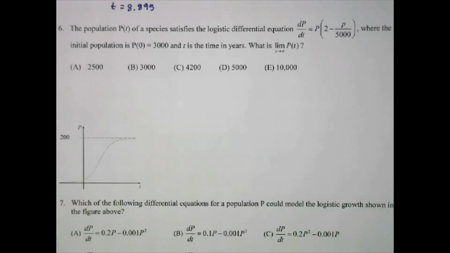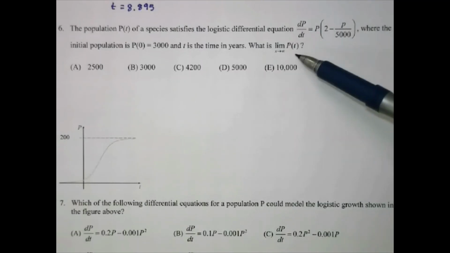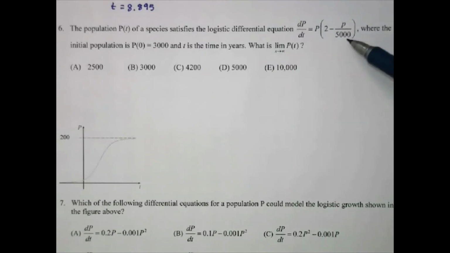Okay, the population P of t of a species satisfies the logistic equation here, where the initial population is 3,000 and t is in years. So what is the limit as t goes to infinity? Well, that means we're looking for the carrying capacity. Now you might be tempted to say 5,000, because that's what that denominator is here. But this is 2, not 1. This must be 1.